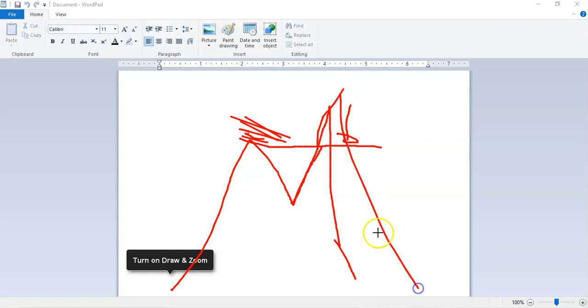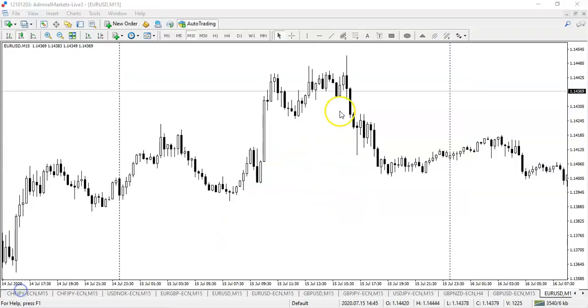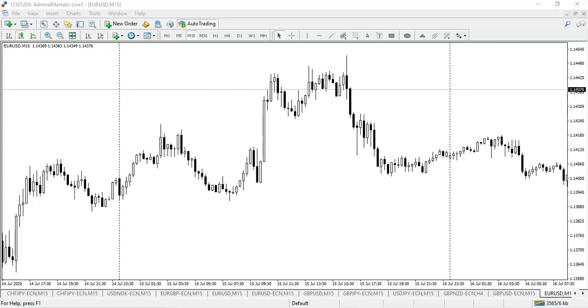Right? So now let's go to the market, and then we see how that is being played out. Okay, so this is a typical M. We have this to be an impulse leg, and then we stopped here.